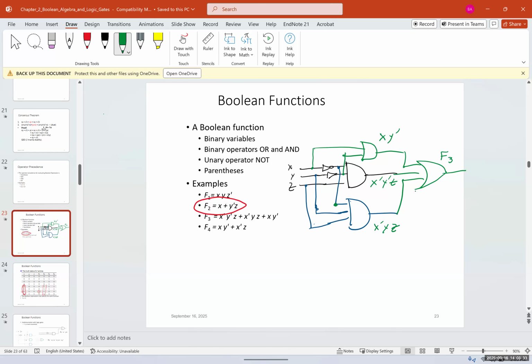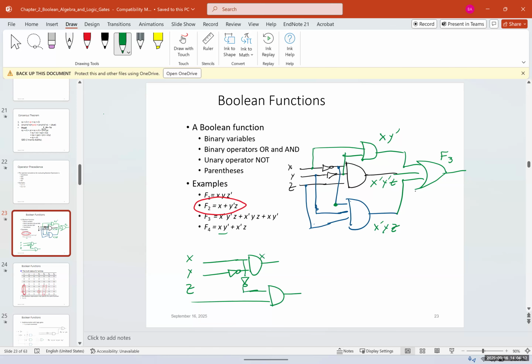And for the last one, F4, we have X, Y, and Z, 3 inputs. The first part, it's X, Y prime. So we would multiply X with Y prime. And for the second one, we have X prime Z. So I'm going to connect X with a NOT gate, to Z. These are going to be AND gates.